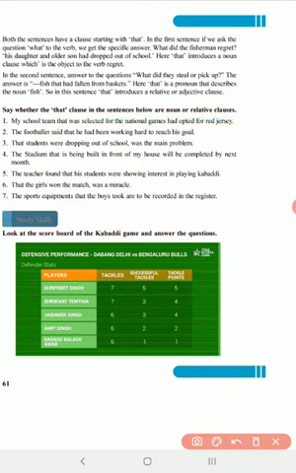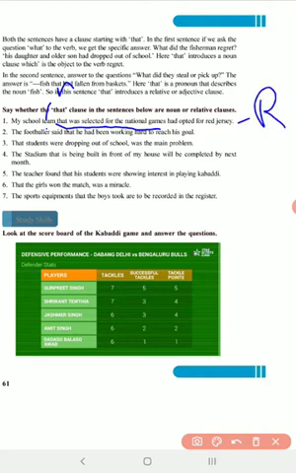First one: my school team that was selected for the national games had dropped out. Here team is a noun, so this that clause describes this noun, my school team. Which means it's a relative clause.